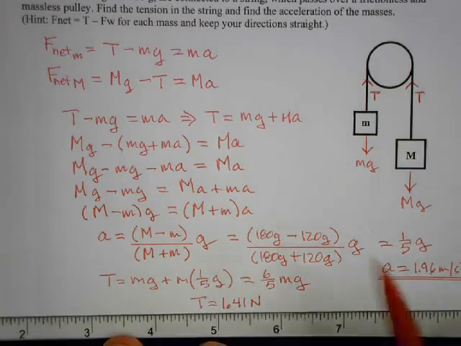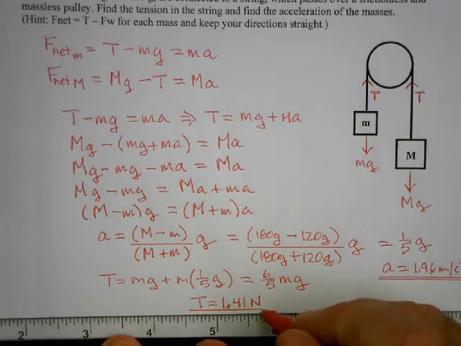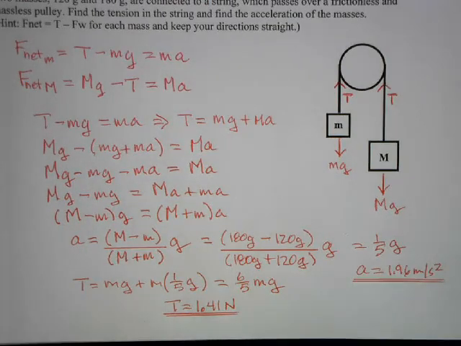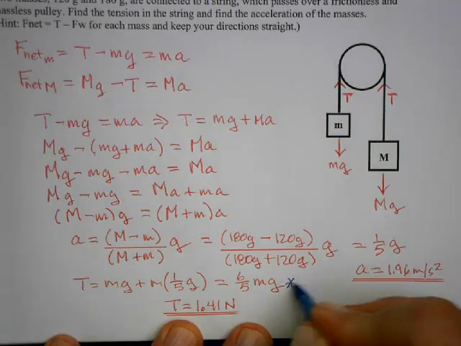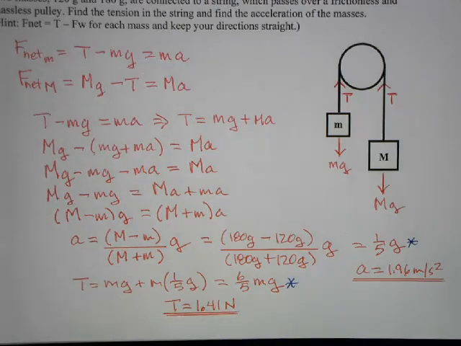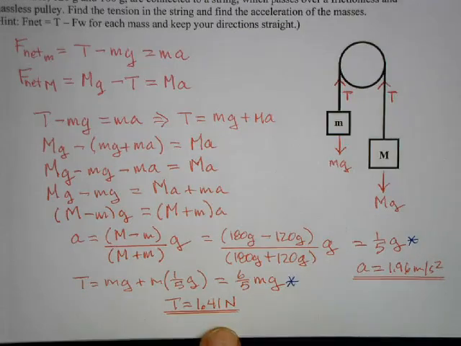So both of these solved with basically two equations and two unknowns. However, do not be surprised if on an AP test, whether it's a multiple choice or a free response, that instead of your answer in meters per second squared or newtons, the actual answers would be in terms of g or in terms of mg for what you've got going on.